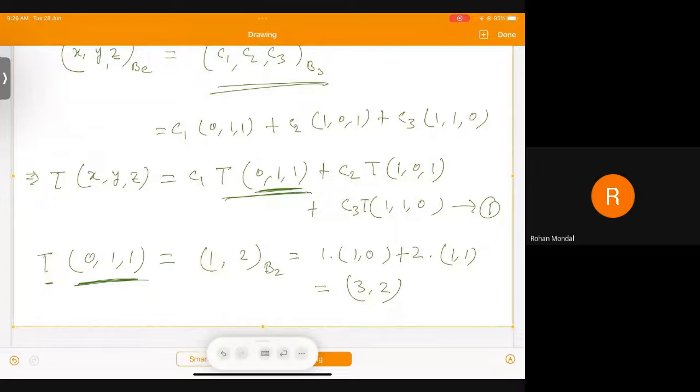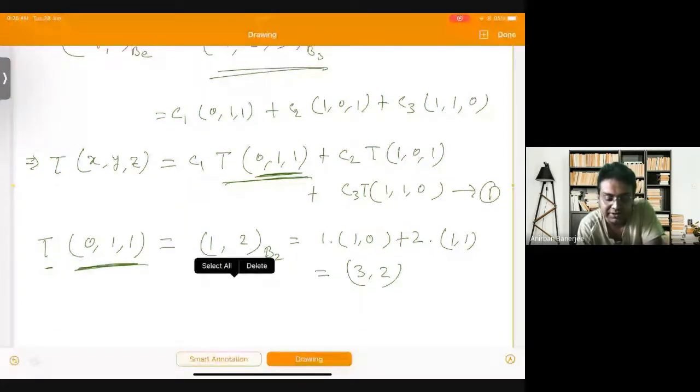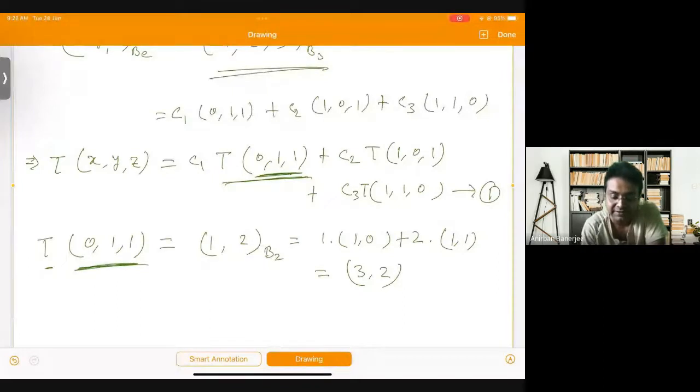Sir, I have a doubt. Why did we take 1 and 2 as a combination, like 1 times 1 comma 0 plus 2 times 1 comma 1? Okay, we already discussed what this coordinate 1 comma 2 means with respect to the basis B2.